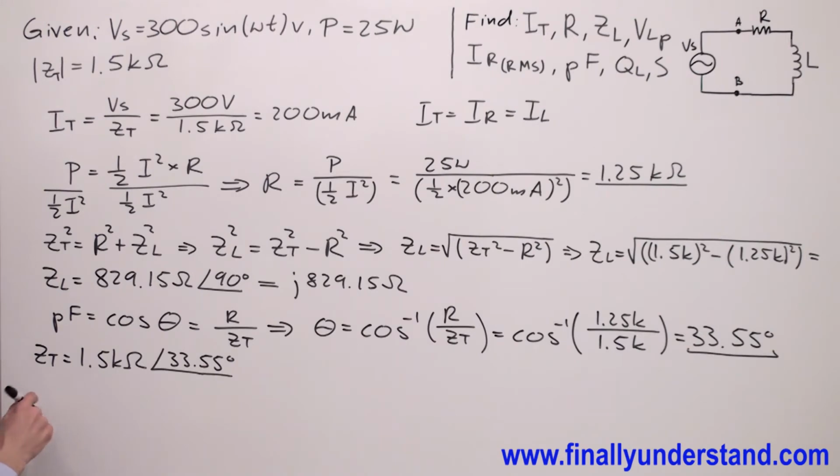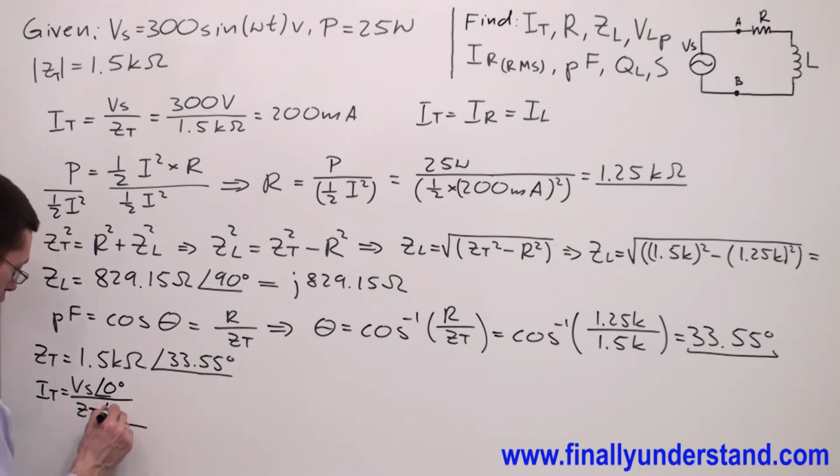Now let me explain everything step by step. I total is equal voltage source over Z total. We know that voltage source has angle of 0 degrees, and we found that Z total has angle of 33.55 degrees.